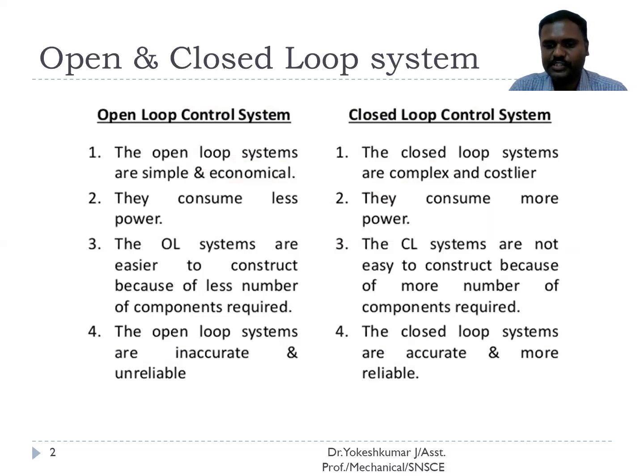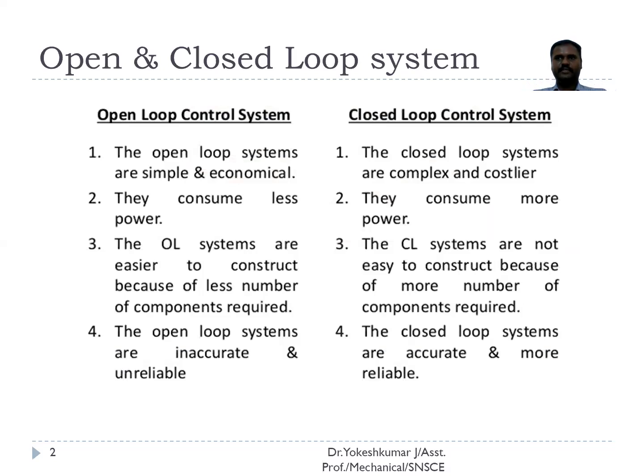Whereas closed loop systems are accurate and more reliable because we have a feedback element using a sensor or transducer. We can measure the process that is being controlled. Then the measured variable is compared with the input variable in the comparison element, and accordingly it will vary the input signal.